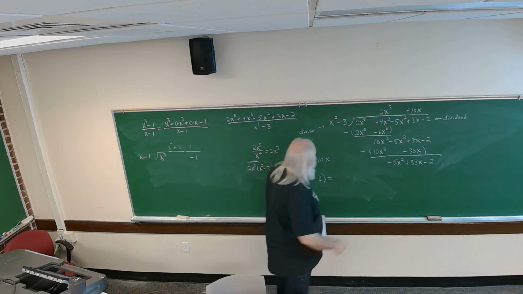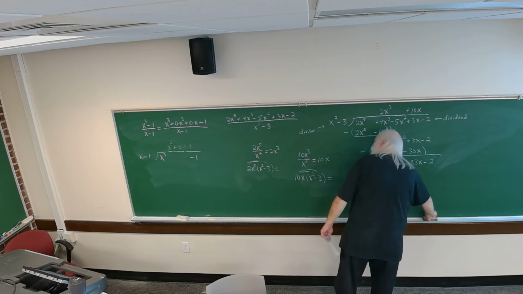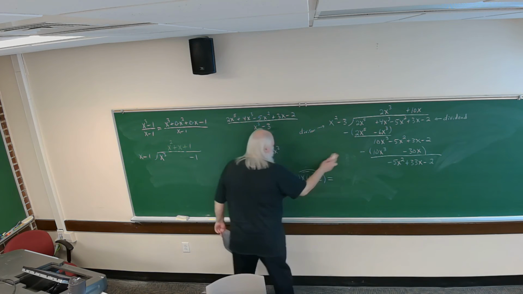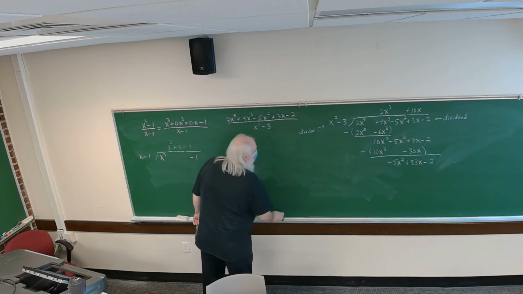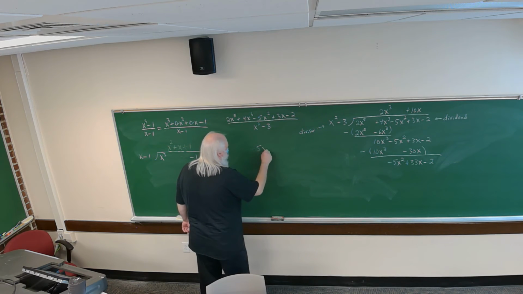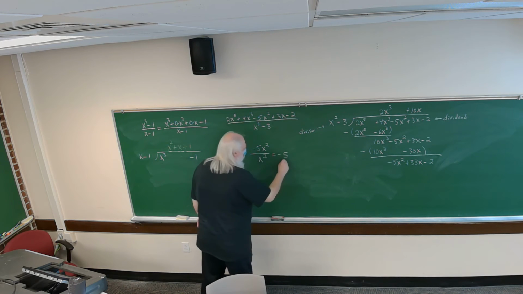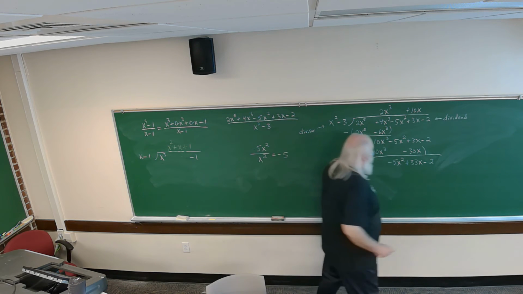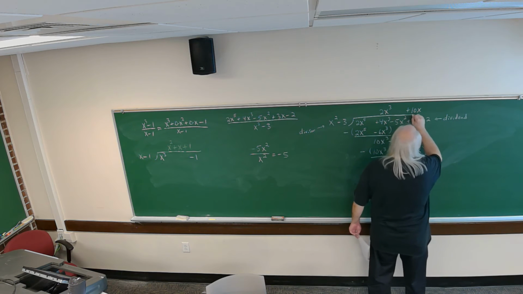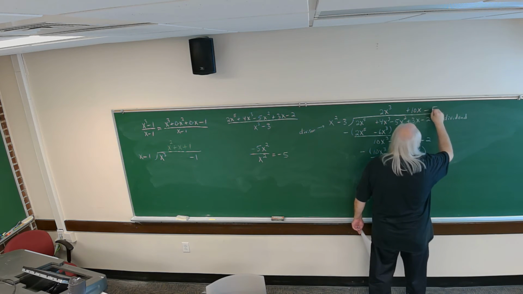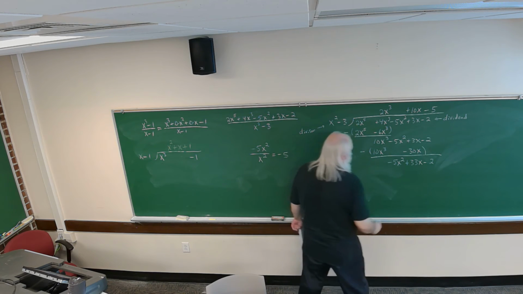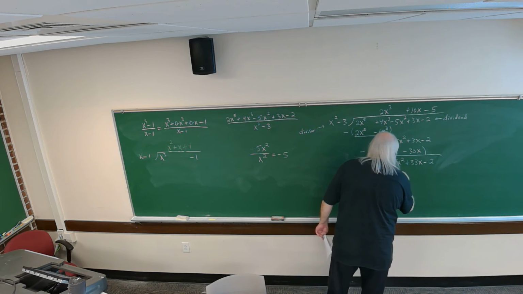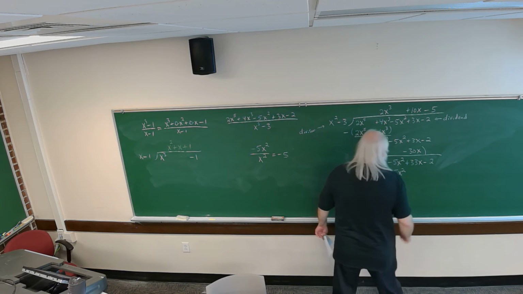Now you have to ask yourself, how many times does x squared go into minus 5x squared? Can you answer that? Minus 5x squared divided by x squared is minus 5 times. Minus 5 times x squared minus 3 is minus 5x squared plus 15.